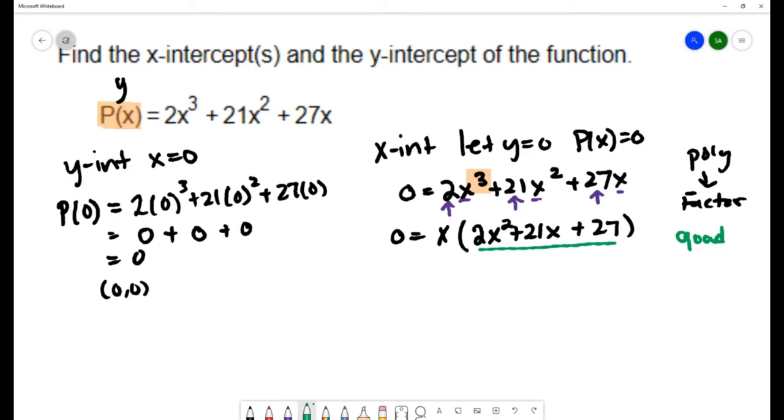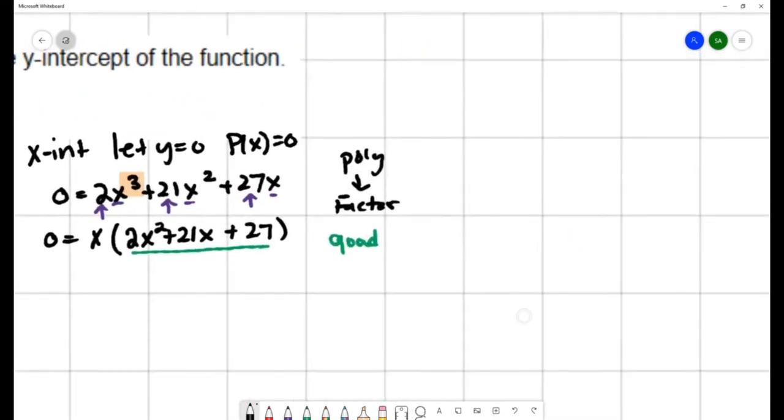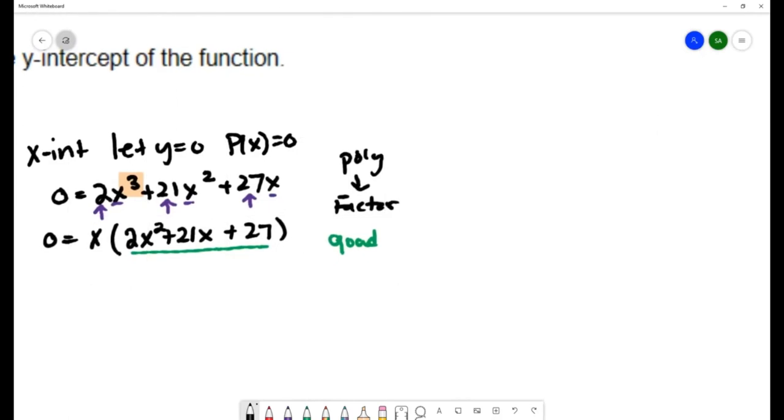So let's, on the side over here, write down our quadratic that we're trying to factor: 2x squared plus 21x plus 27. I'll start with my guess and check method. With the guess and check method, or trial and error, you're going to set up two binomials.